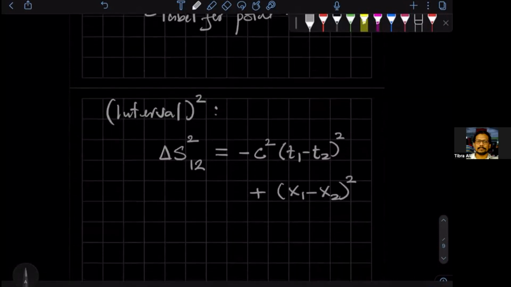Okay. So this is what we define as an interval. Note that there's a minus sign in front of the time part. There's a plus sign in front of the space part.